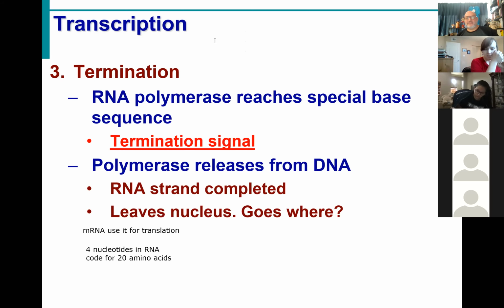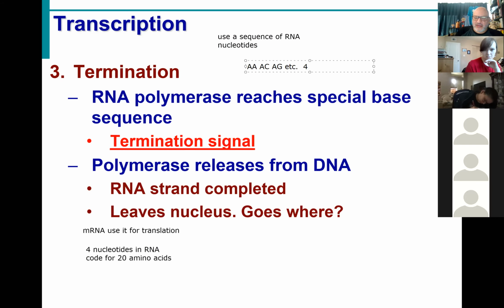Triplets. Exactly. We're going to need to use a sequence of RNA nucleotides, and you're absolutely right, it is going to be a triplet. We can figure out why that would be, because if we were to do sequences of 2, like AA and AC and AG, etc., to calculate how many different options we would have, we have 4 different bases that we are going to do 2 times.